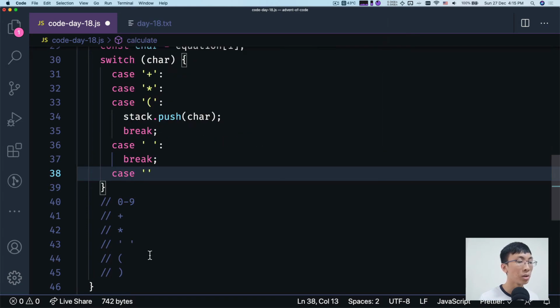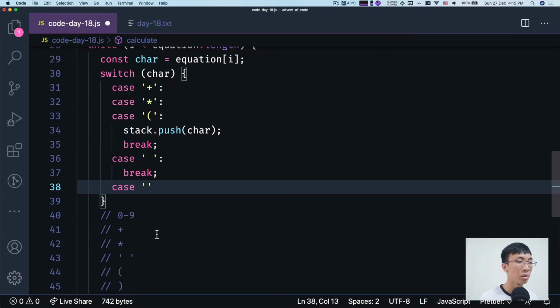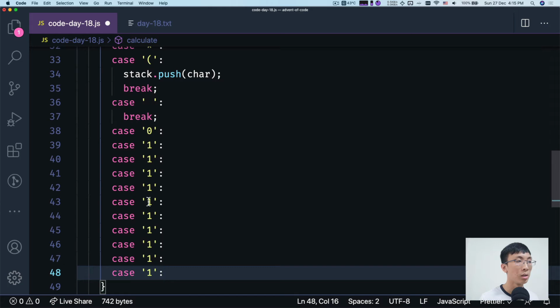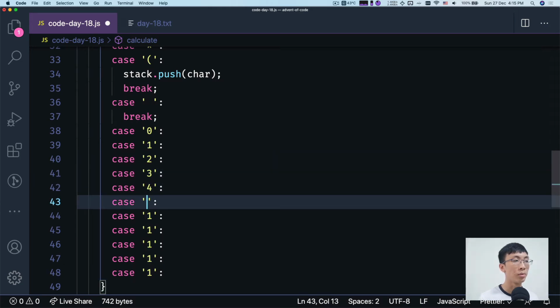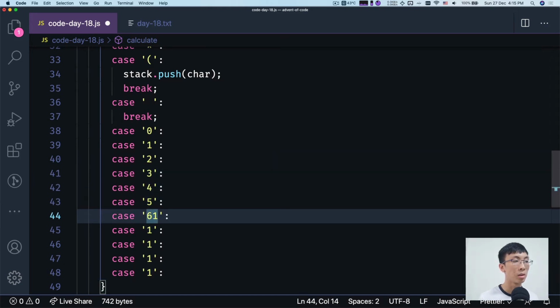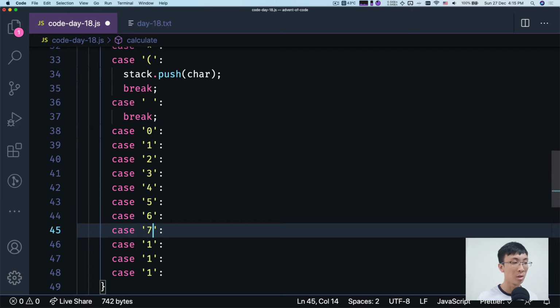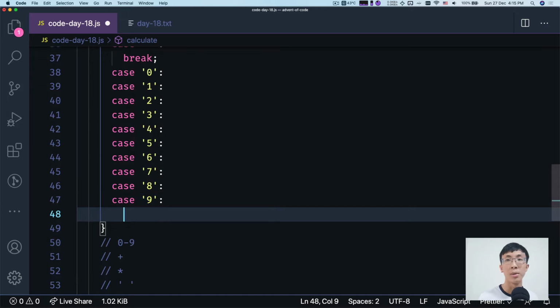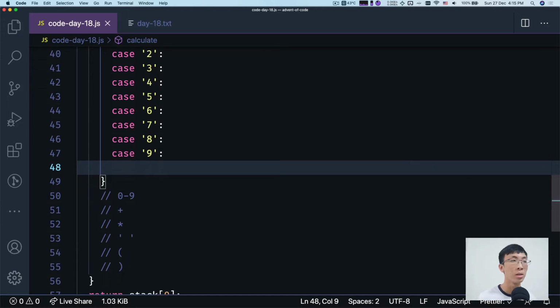If we encounter something like a number, 0, 1, 2, 3, 4, 5, 6, 7, 8, 9, then we need to see whether this is the only digit, because it could be a 2-digit number, right?